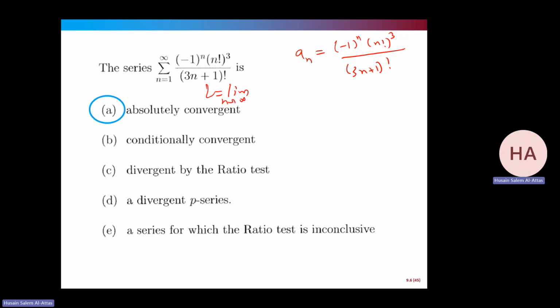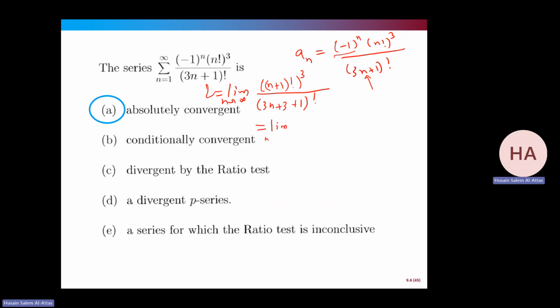Very clear, I need the ratio test. The minus 1 with the absolute value will be ignored. So I have n plus 1 factorial cubed over 3n, and I put n plus 1, so 3n plus 3 plus 1 factorial.